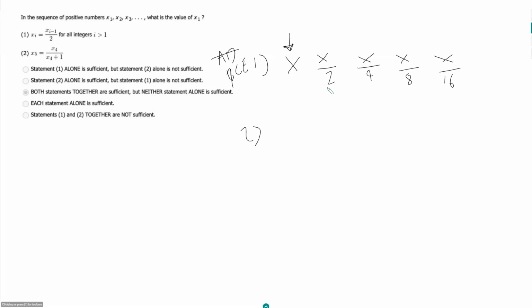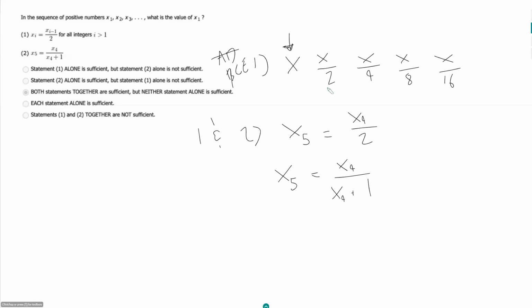So according to the first statement, x sub 5 should be equal to x sub 4 over 2. And according to my second statement, x sub 5 should be equal to x sub 4 all over x sub 4 plus 1.